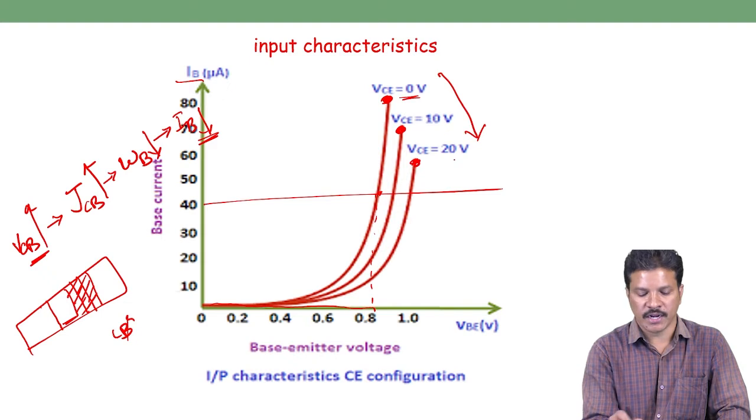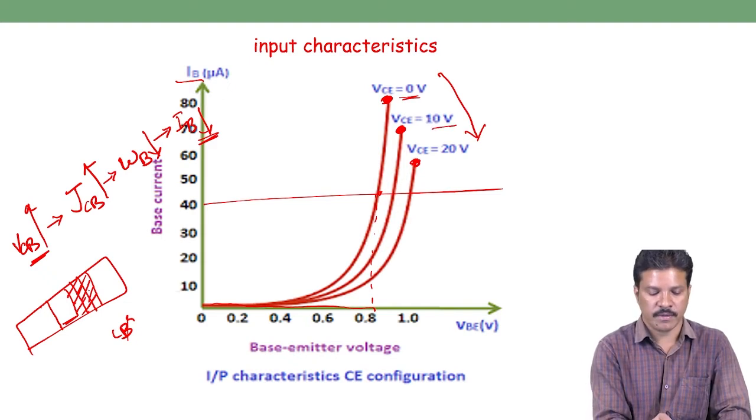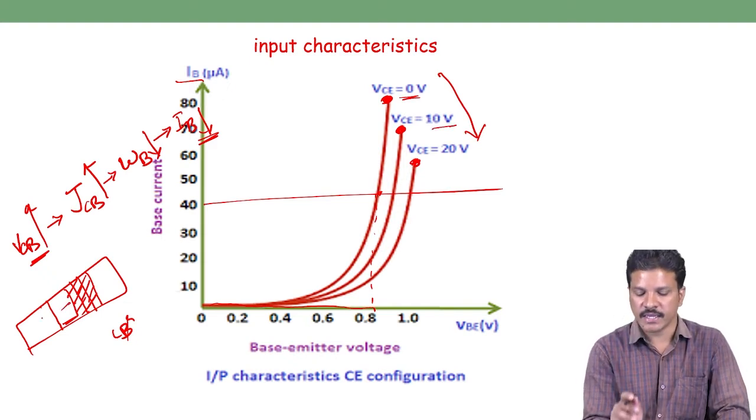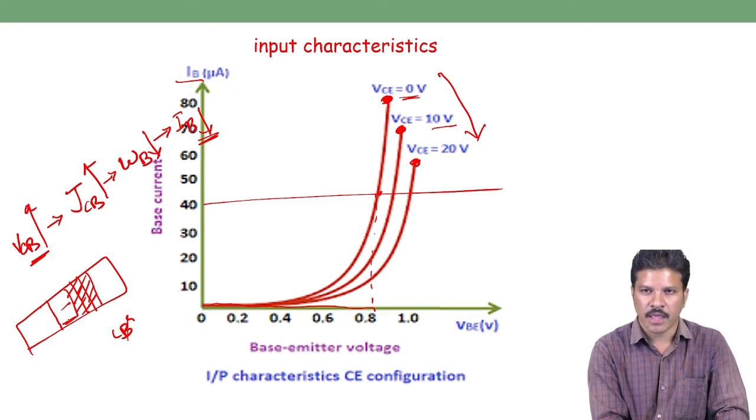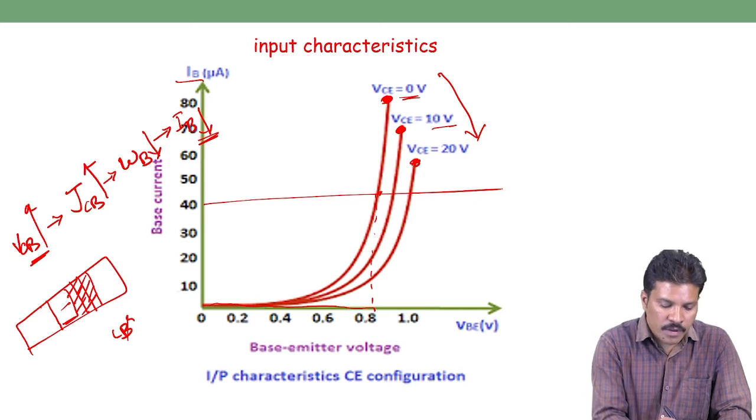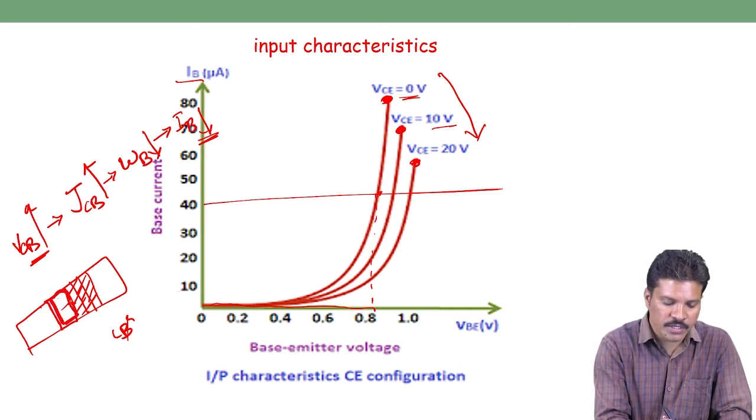If you increase the collector to base voltage to 10 volts, then base width decreases. When base width decreases, the base region is very small. Earlier, with this cross-sectional area of the base, you get 40 microampere.